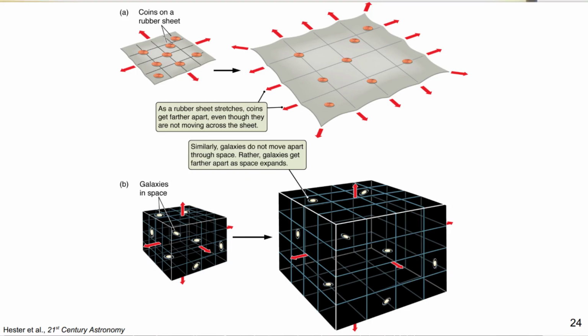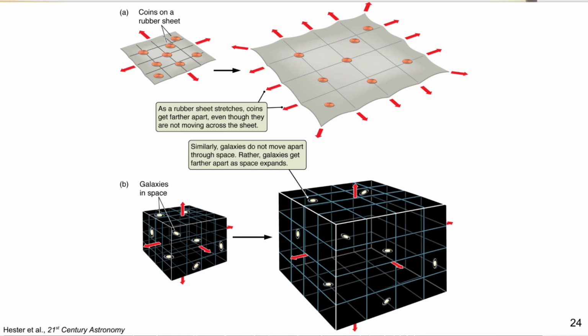And they're all watching. The sheet keeps expanding, the sheet keeps stretching. Is it not true that every coin gets further away from every other coin? So every ant's going to say, all the other coins are moving away from me. And it's not that the coins are flying through space away from it. They're not flying along the rubber sheet. It's that the rubber itself is expanding and carrying all the coins further away from one another.